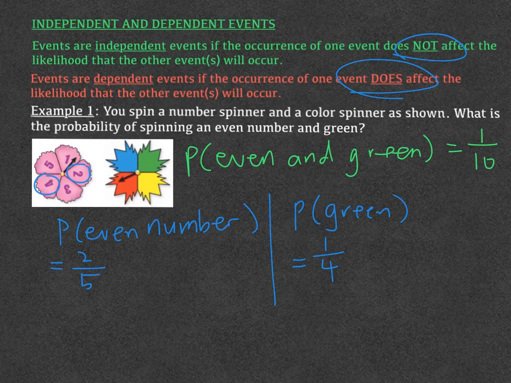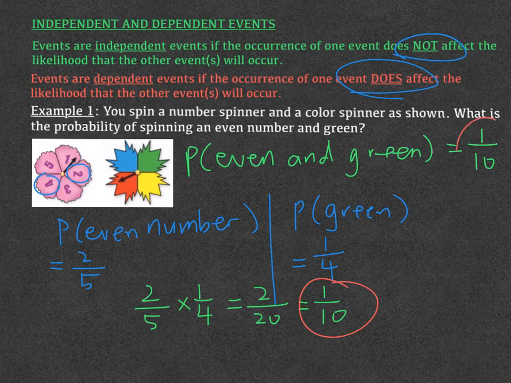And from here, when I multiply 2/5 by 1/4, you can see that you end up with 2 over 20, and that gives us 1 over 10, which is the same as the probability that we worked out from our previous example.